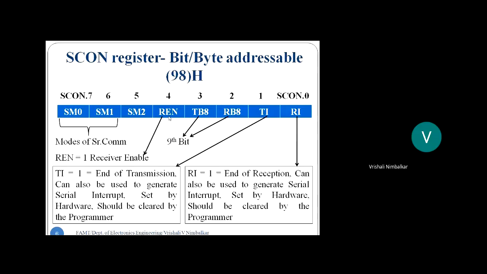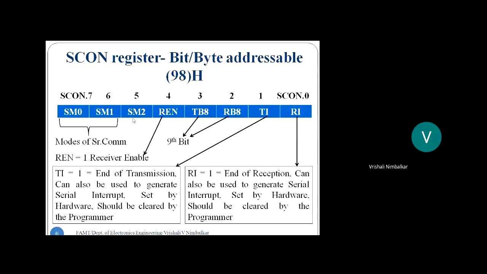Whenever the REN bit is 1, reception begins. REN is 0 means the reception is disabled. In case of transmission, whenever any character is loaded in SBUF, the transmission begins automatically. So the SCON register provides 1 bit for reception, whether it is to be enabled or disabled.